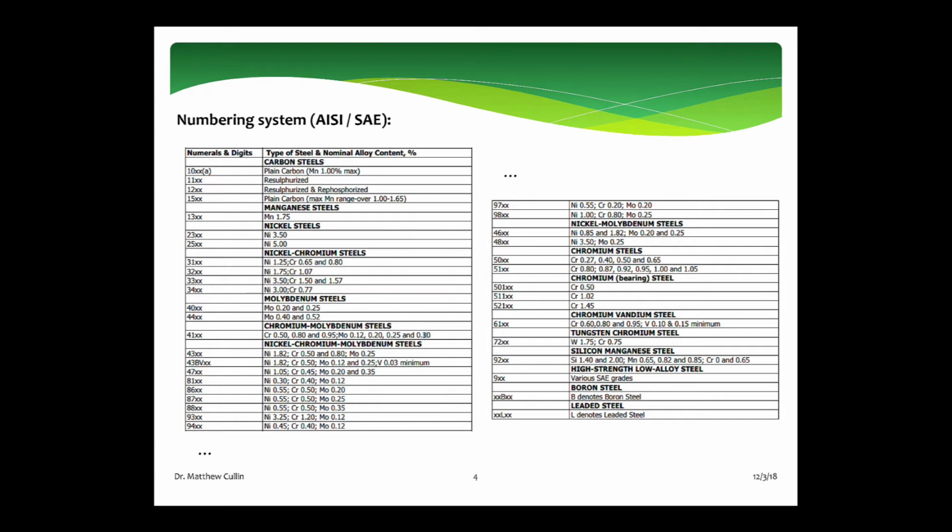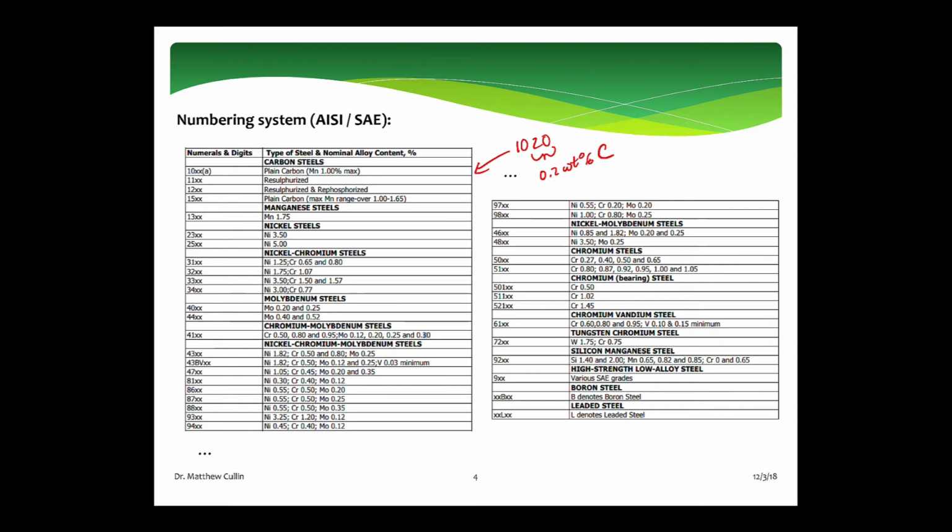So a 1020 steel would be a plain carbon steel. It doesn't mean it doesn't have anything else in it, but it doesn't have too much else. It's got some manganese in there, but not significant additions. And the 20 would tell you that it's 0.2 weight percent carbon.